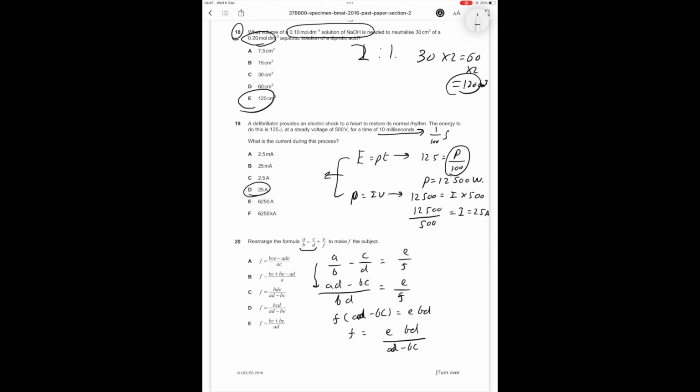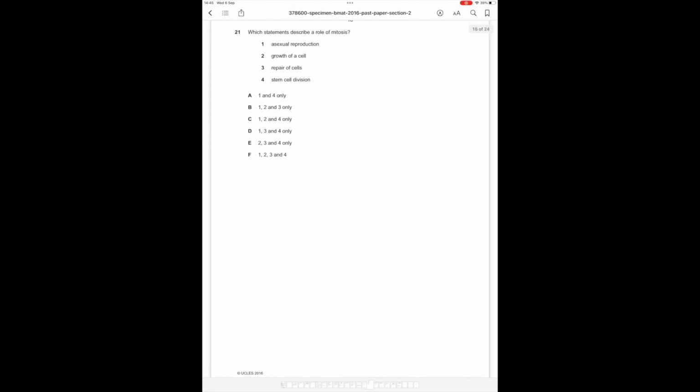And that is going to be answer option C. So what I've done here is I've cross multiplied so that I can do A over B minus C over D. And then I have just again cross multiplied, but this time across the equal sign to get F on its own. So F is equal to EBD, which is the same as BDE over AD minus BC, just by taking this down to the other side after cross multiplying. Relatively simple.